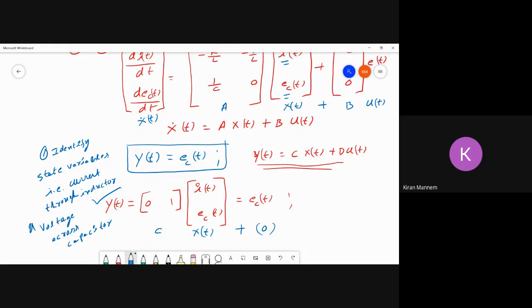Once you identify the current through the inductor and voltage across the capacitor, you will get the state variables. Then the next step, identify input and output. And the third step, put in the state model equations.